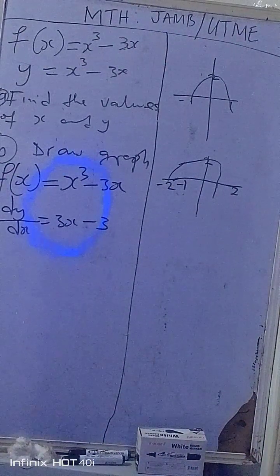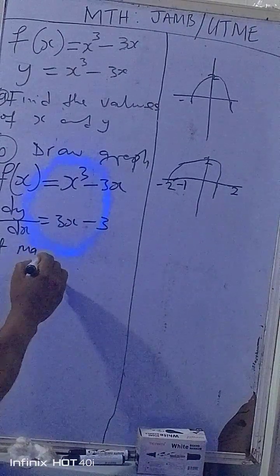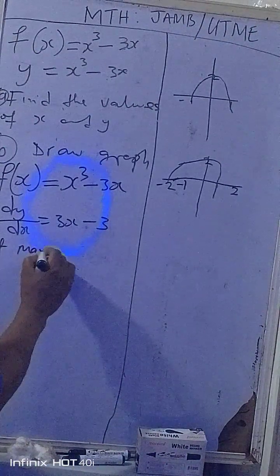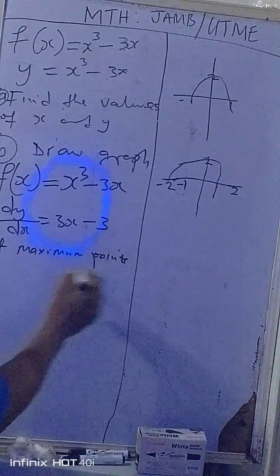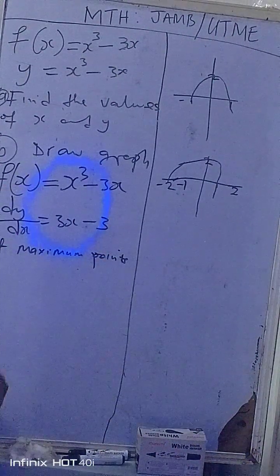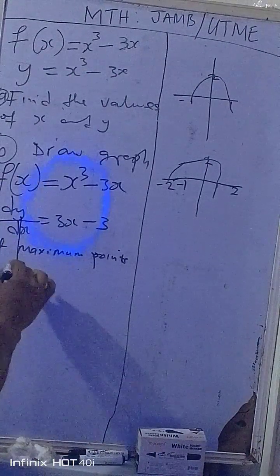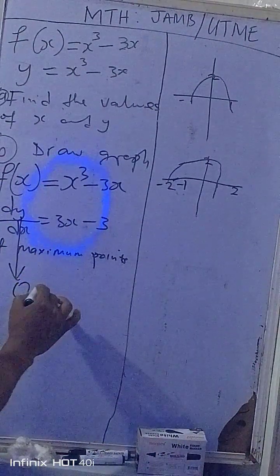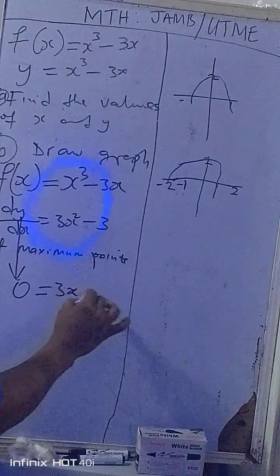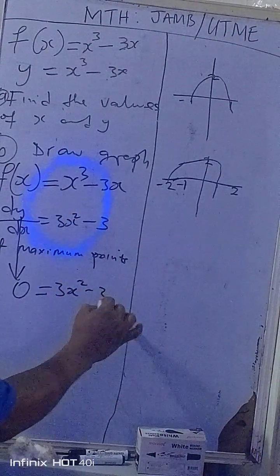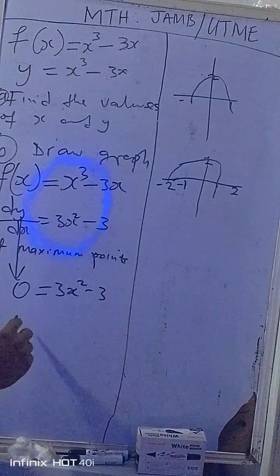So, at maximum point, dy/dx is equal to 0. So at maximum point, dy/dx is equal to 0. So I'm going to have 0 is equal to 3x squared minus 3.